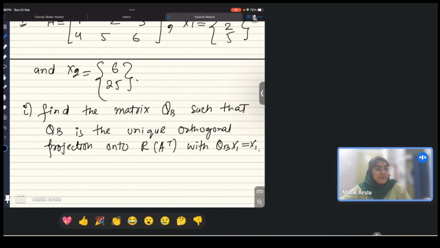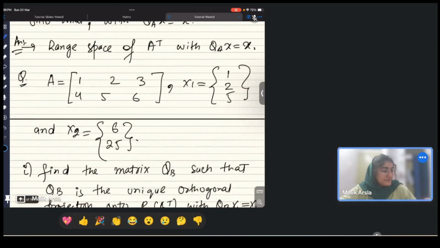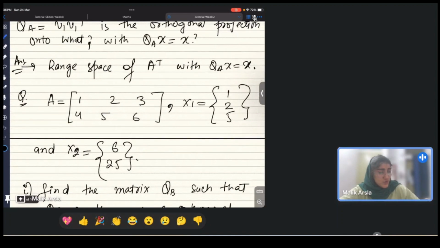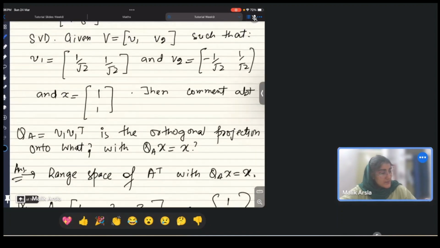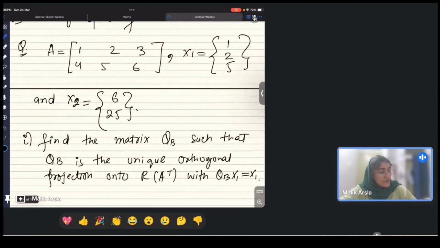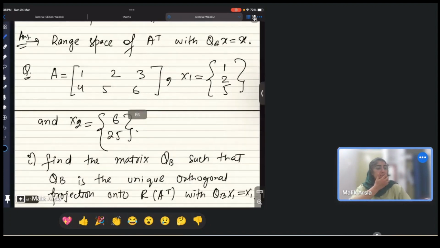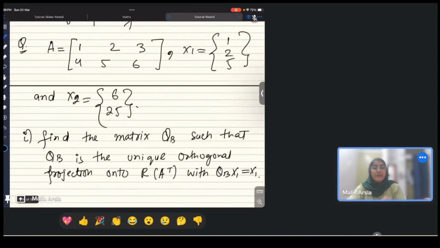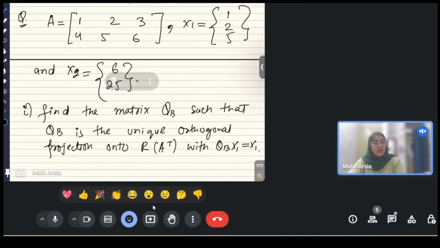So here, like the first question, the Q matrix was not given. Here also you have to find this QB matrix. So how will we do this? Please give me a moment. Meanwhile, you can try this question.